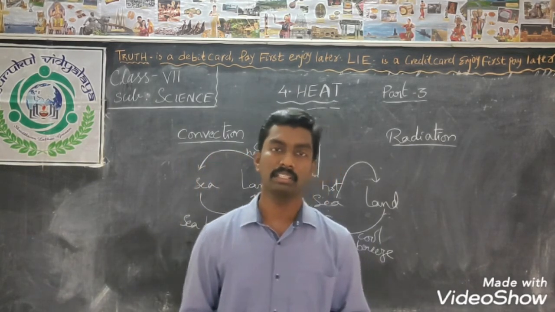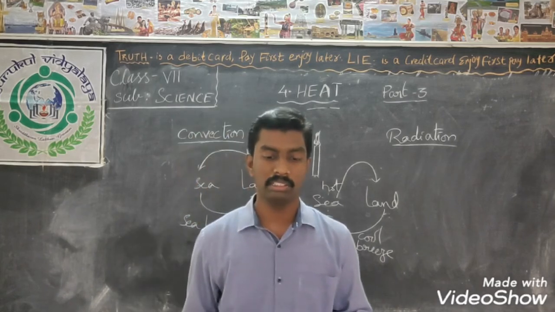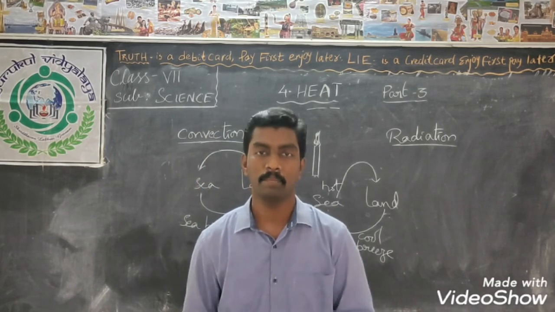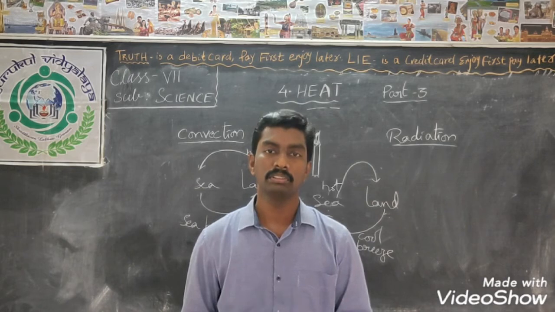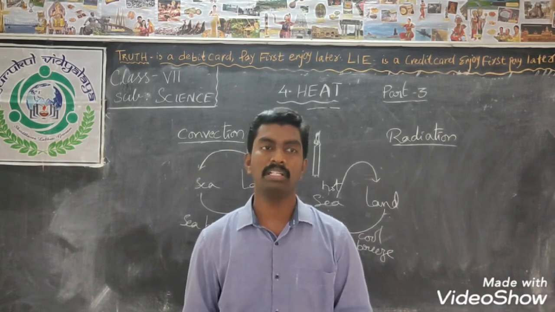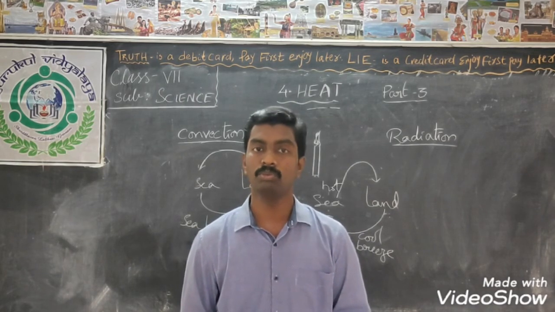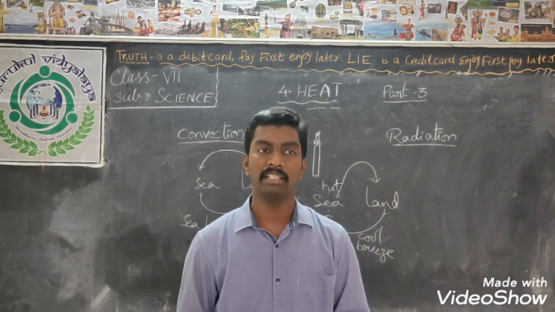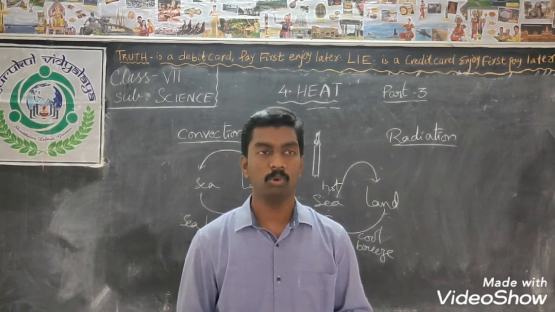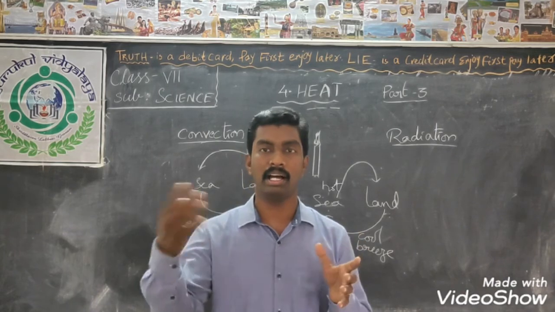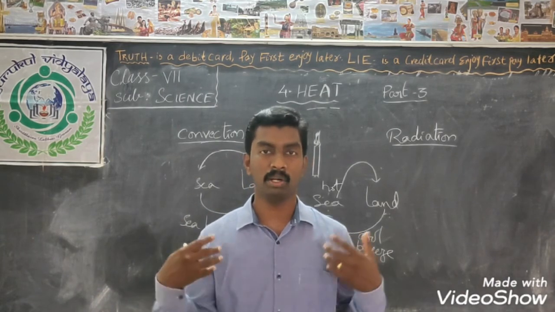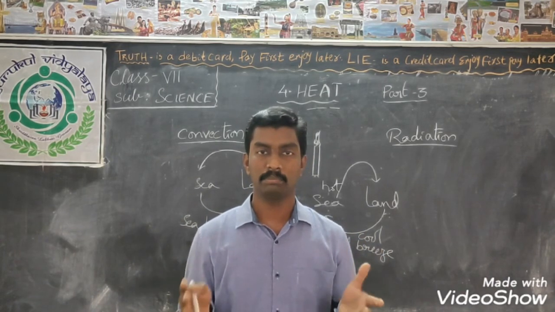And one more thing, the woolen clothes, they keep us warm in the winter. Why do you know? It won't absorb that much heat. So wool is a fiber and it is a poor conductor. It won't allow the heat to go outside. So generally our body has some heat, some temperature.